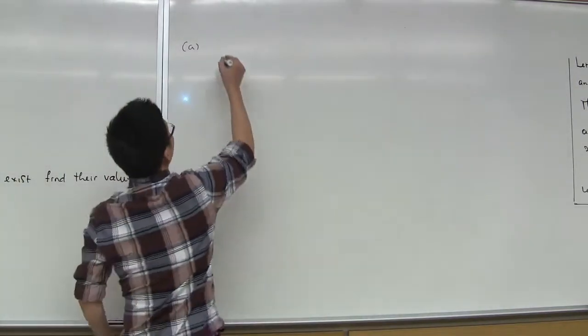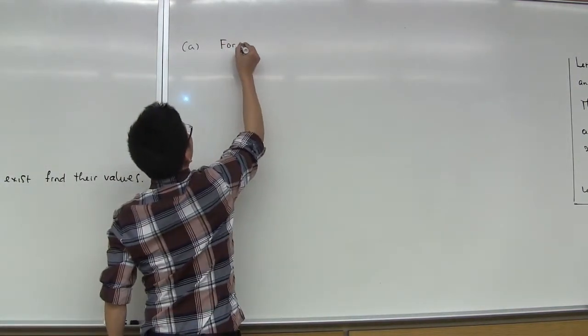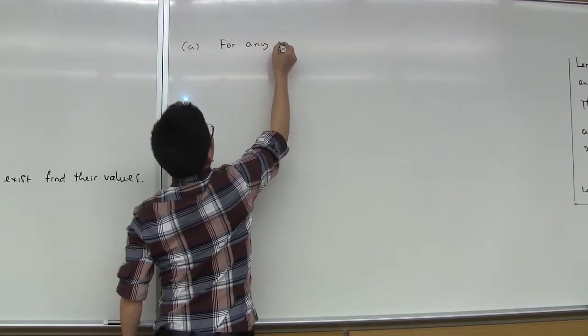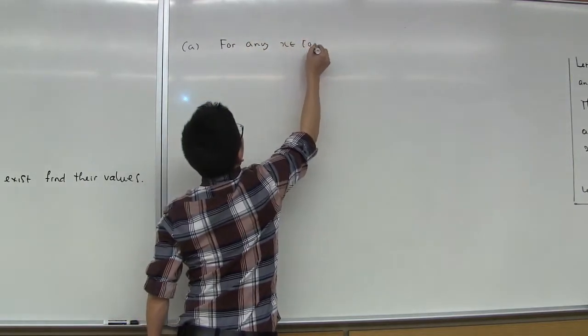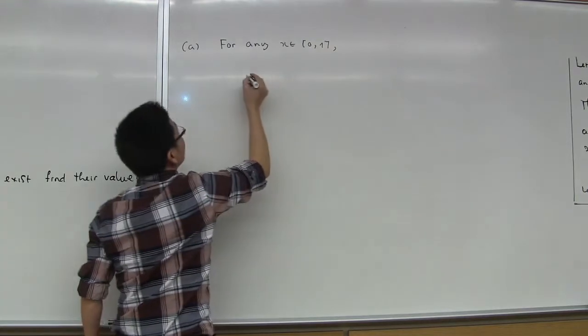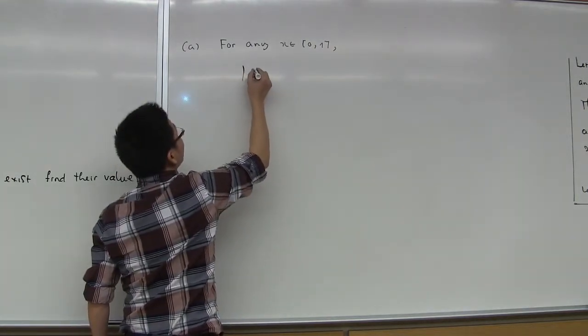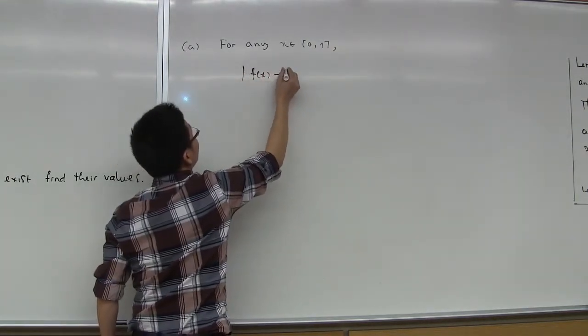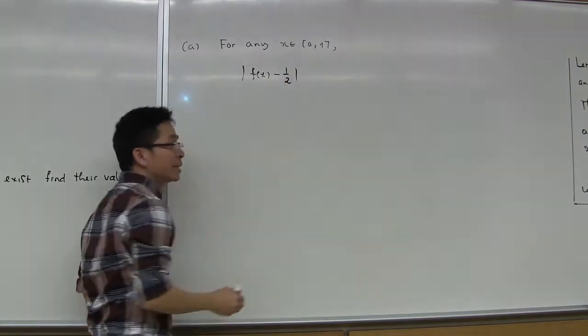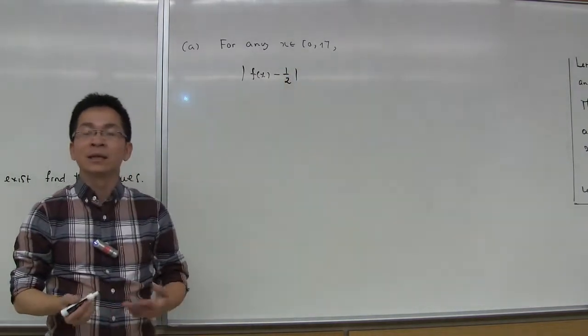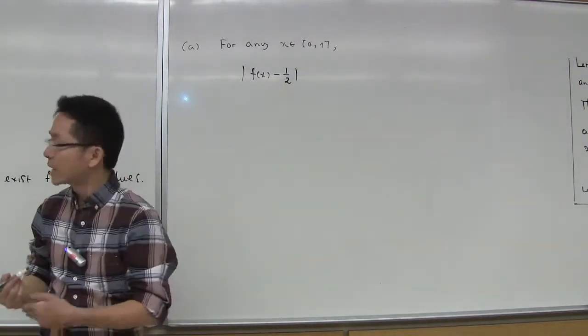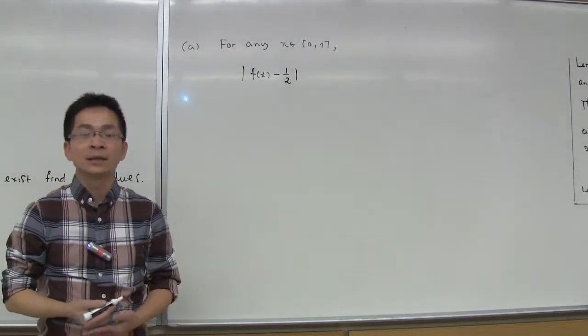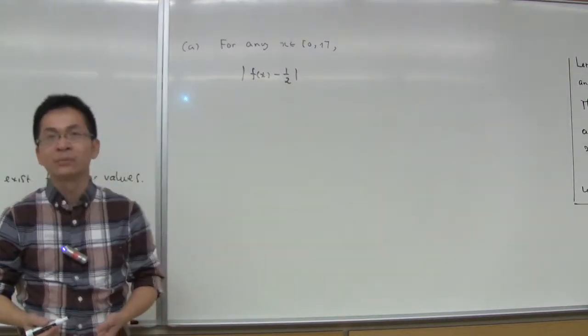Now, for any x that is in the interval [0, 1], we are going to evaluate the absolute value of f(x) minus 1/2. It depends on whether x is in the set of all rational numbers or x is in the set of all irrational numbers.